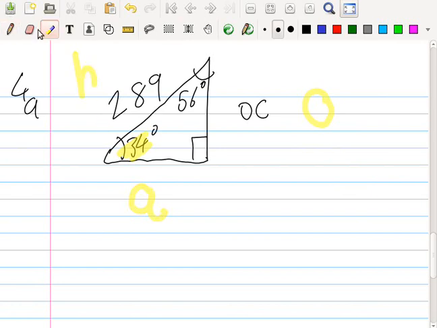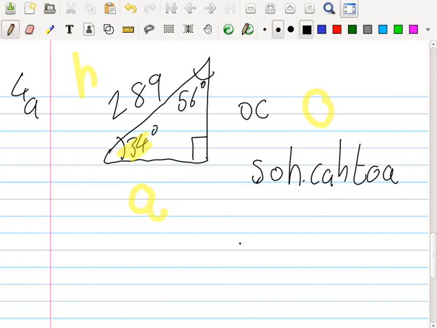And for those people who have seen it before, if you need help remembering, have you seen this one in high school? Some have, some haven't. This is how it's done in Europe, at least. Sohcahtoa. So sine is opposite over hypotenuse, cosine adjacent over hypotenuse, and tangent opposite over adjacent.